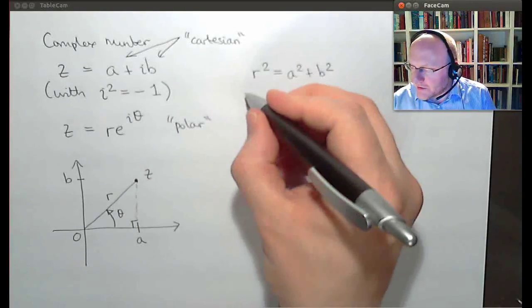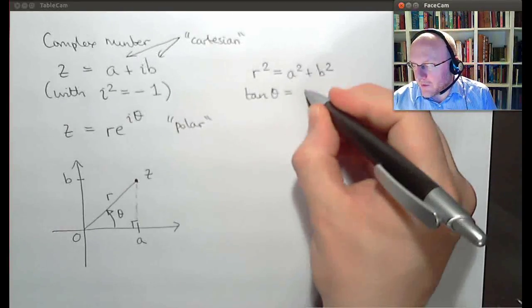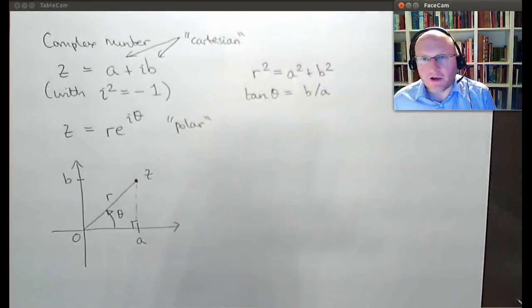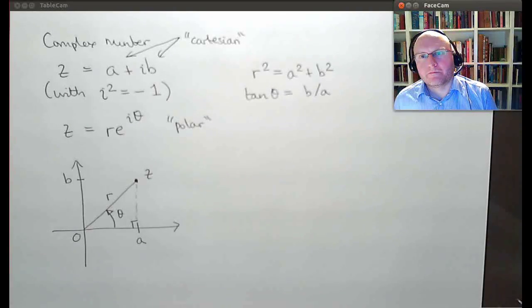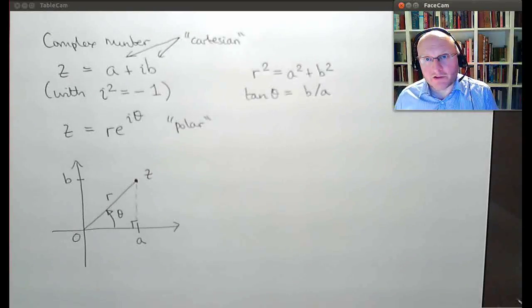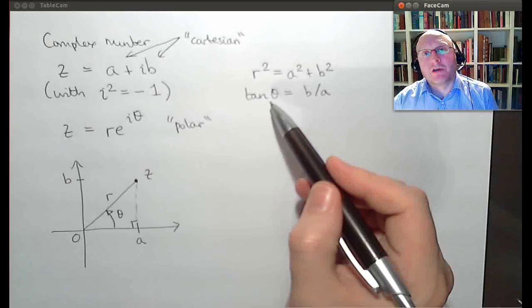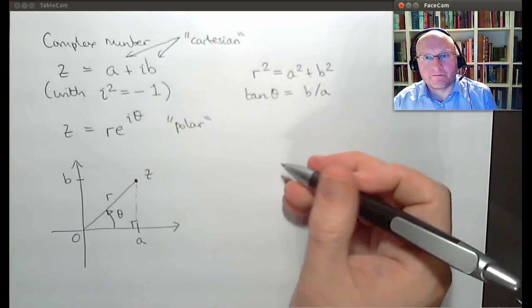What about the angle theta? Well, if you check your basic trigonometry, you'll find that tan theta is b over a. So that's a way of converting in one direction. Of course, we could square root here to get r, and we could take the inverse tan to get theta.